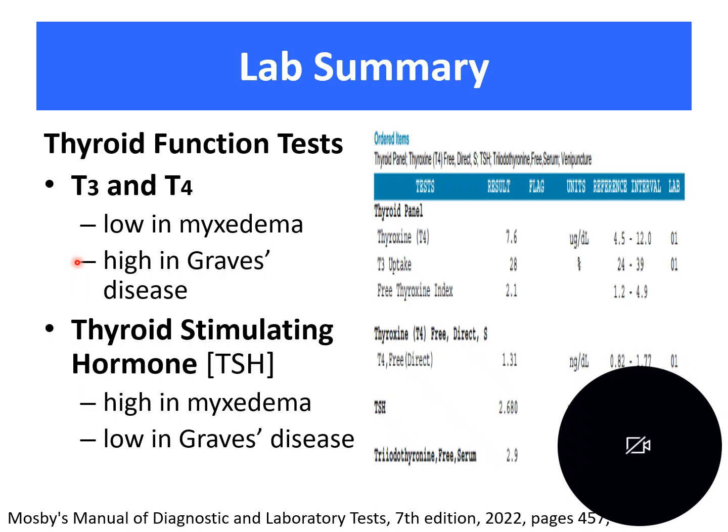Similarly, if your T3, T4 is high in Graves' disease, it would result in a TSH that is low in the same thyroid disease.